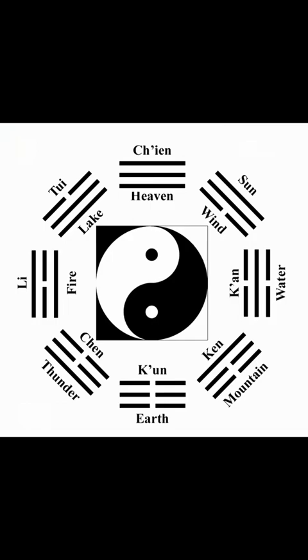So this is one of the diagrams of the I Ching, and you can see it has the sun, water, mountain, earth, thunder, li, tui, jian. And it also is heaven, wind, qian, qion, chen, fire, and lake.